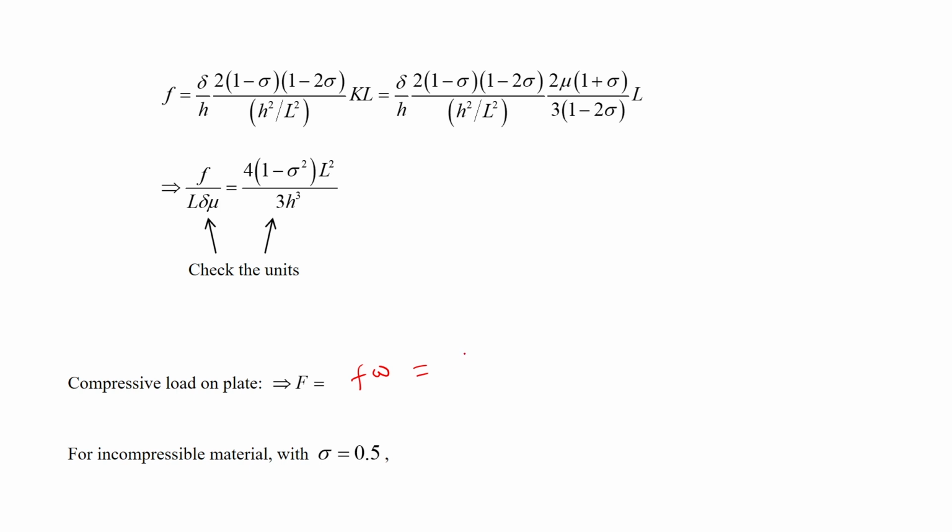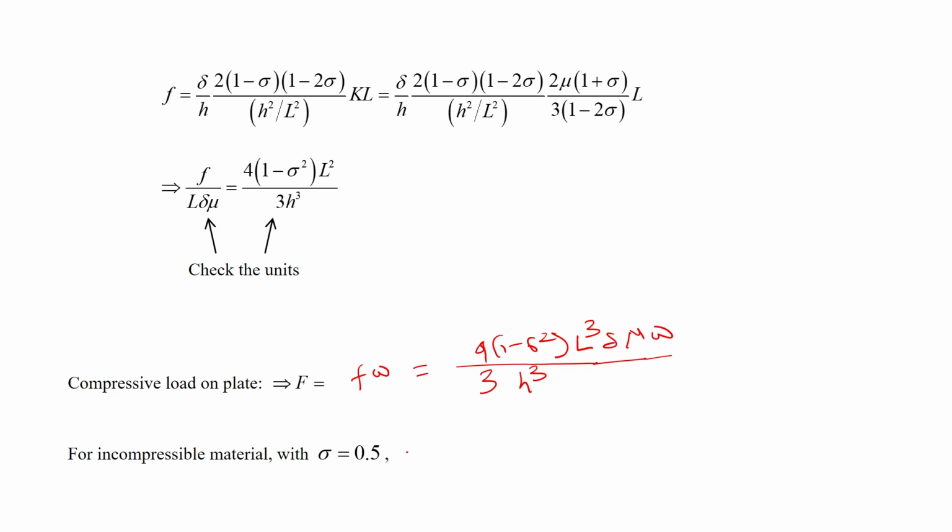So, therefore, it is equal to 4 by 3 1 minus sigma square, and here it is L cube delta mu and 3 h cube into w here. So, that will be the expression. So, w is the width of this film, and this is 3 into h cube.